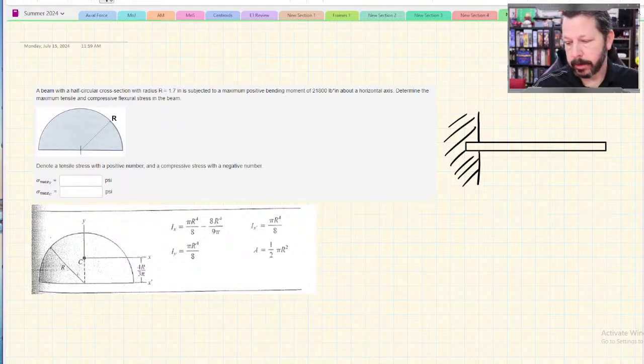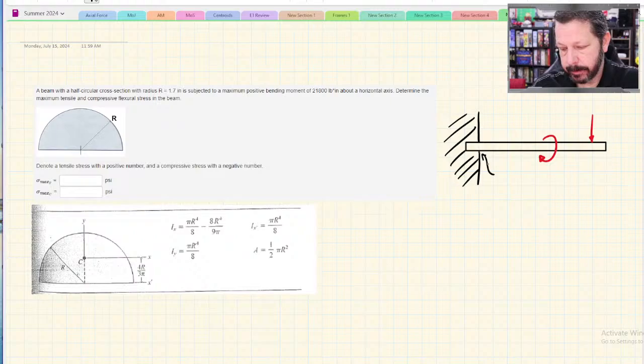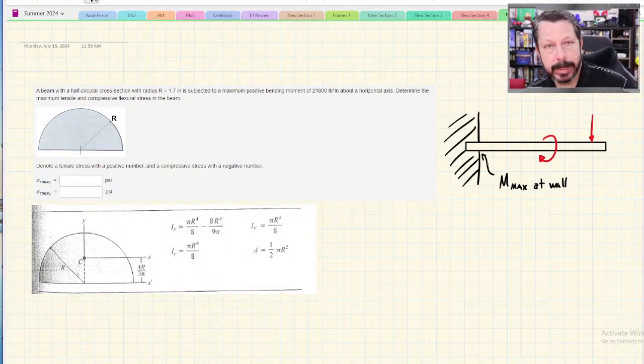No matter what loads you put on this thing, however you put them, the location for the maximum bending moment is always going to be at the wall. So if your point is to solve for maximum bending moment or maximum flexural stress, you don't have to draw the shear and bending diagram or whatever. You can just know for a cantilever that the maximum bending moment is at the wall, and for the beams that we're going to deal with, that's where the maximum flexural stress would be.